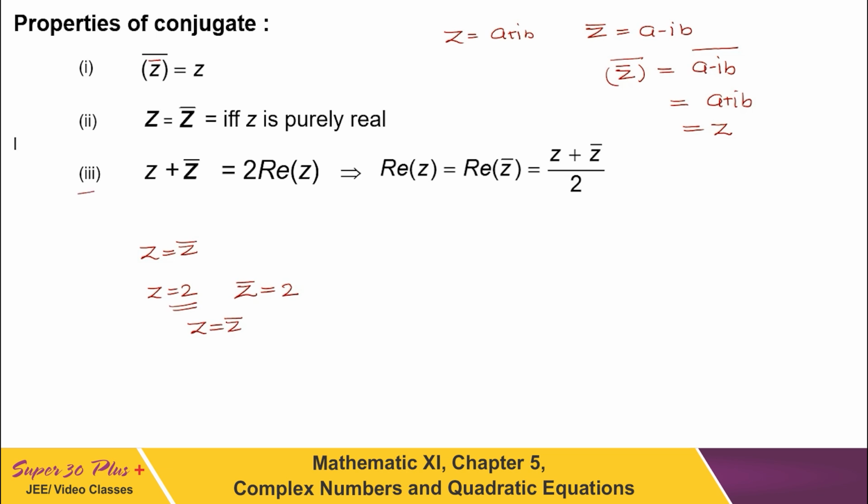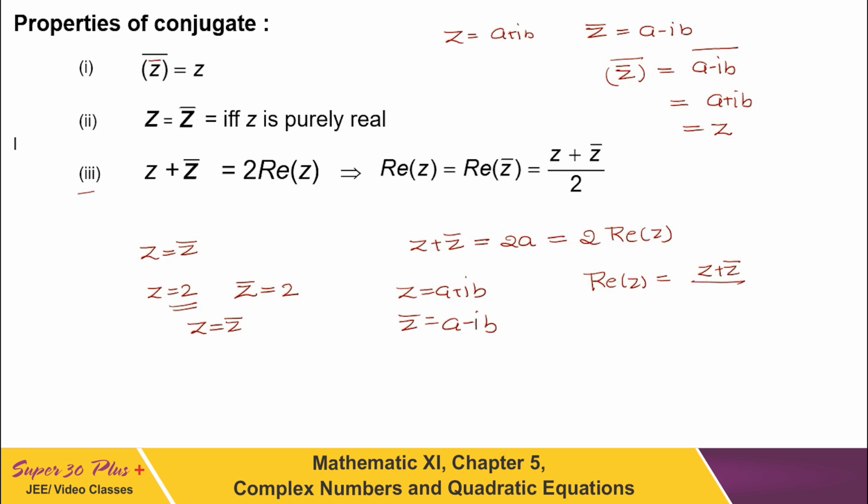Property number 3, z plus z bar is equal to, let z is equal to a plus iota b and z bar is equal to a minus iota b, then what is the value of z plus z bar? It is twice of a, and it is equal to twice the real part of z. So you can write the real part of z is equal to z plus z bar whole upon 2.